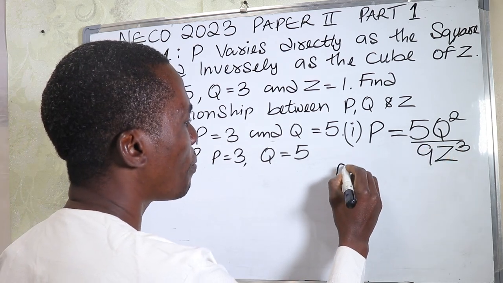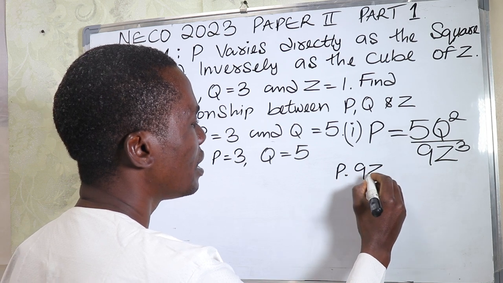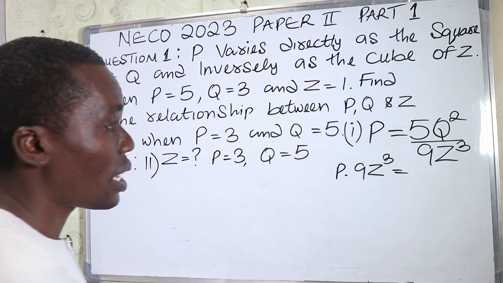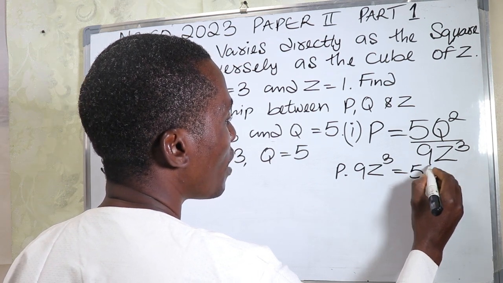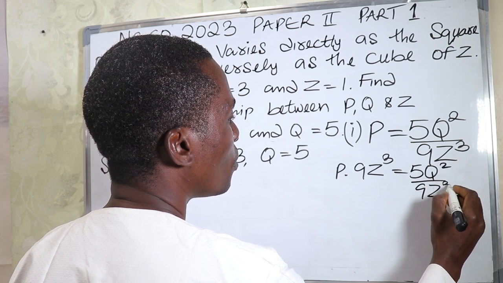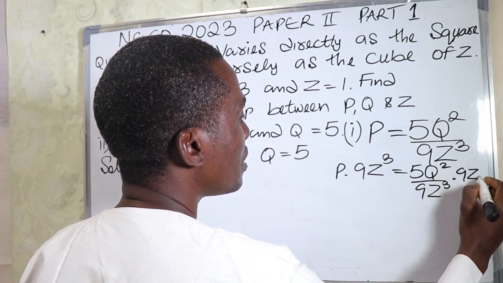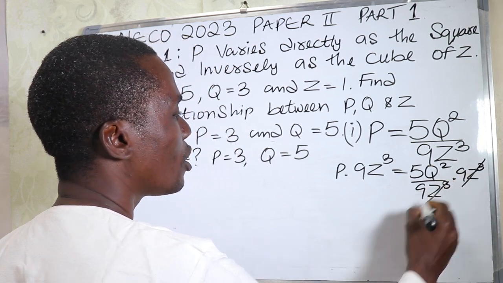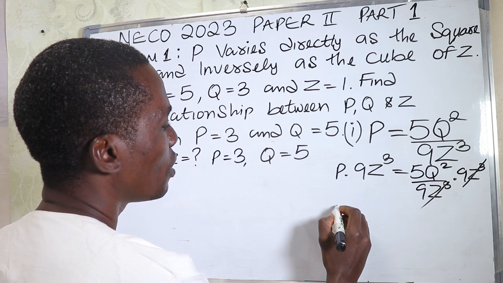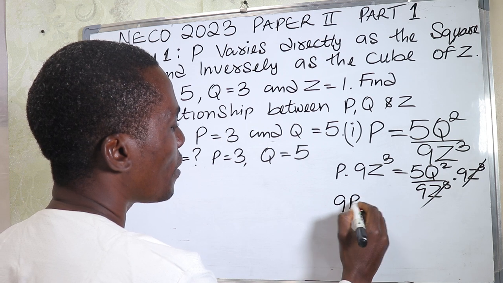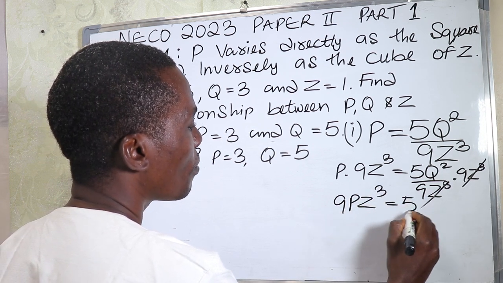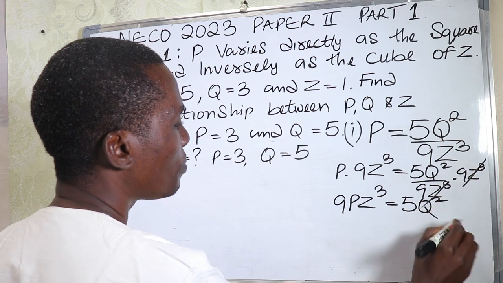So we'll have p multiplied by 9z cubed equal to, we'll multiply the other side by 9z cubed, 5q squared divided by 9z cubed multiplied by 9z cubed. That way 9z cubed will clear out 9z cubed. And then we'll have our 9pz cubed equal to 5q squared.